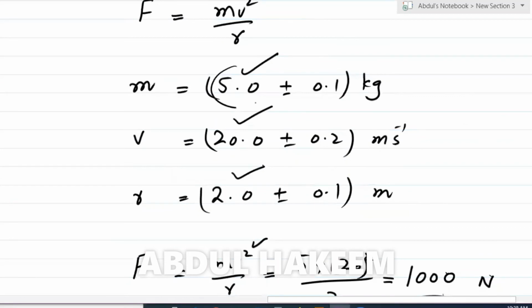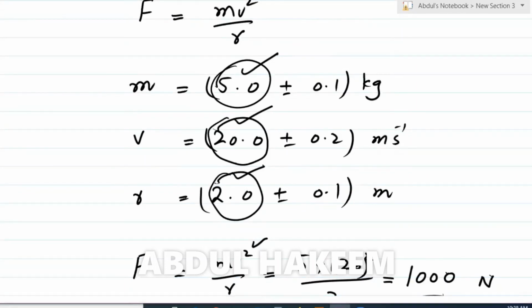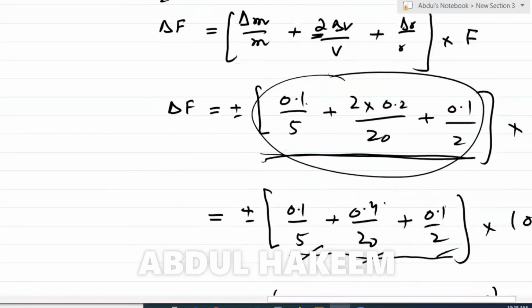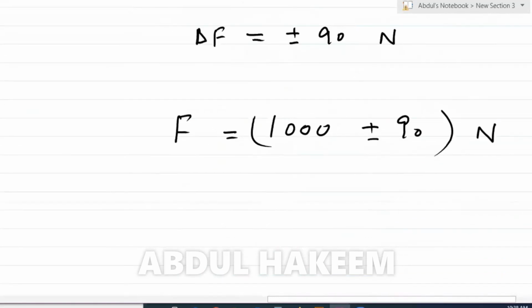So this is 2 significant, this is 3 significant, this is 2 significant. If the significant figures in the readings are different, then we have to write the answer in the minimum used. So minimum used are 2.